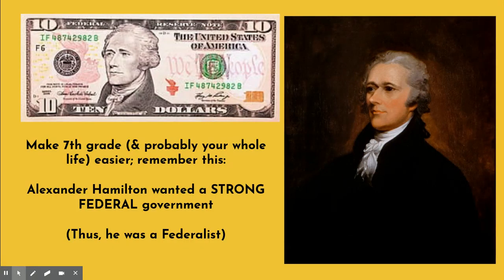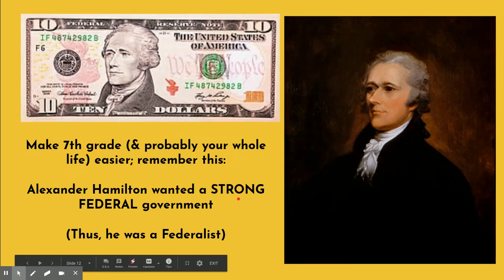But if you want to make your life easier, not just in 7th grade, but all of your life, remember this. Whenever you think of Alexander Hamilton, and hopefully you will think of him often, remember, Hamilton wants a strong federal government. So every single time you get a $10 bill, think to yourself, strong federal government.